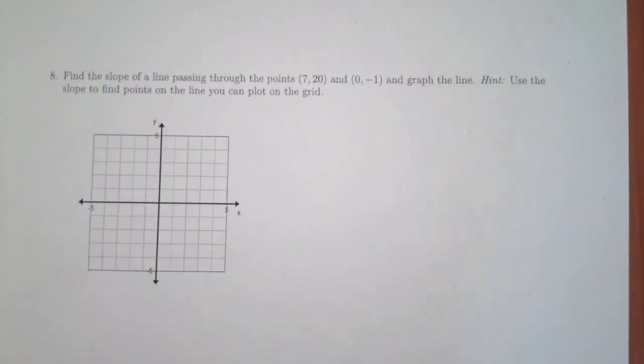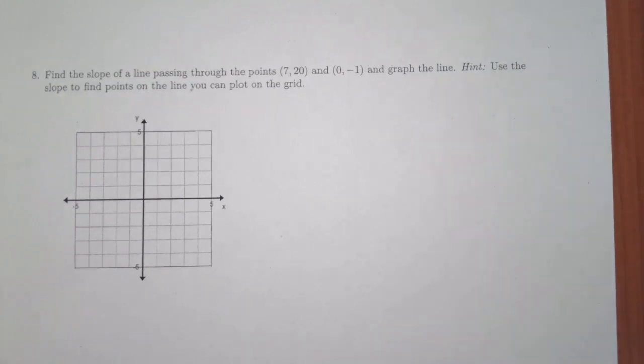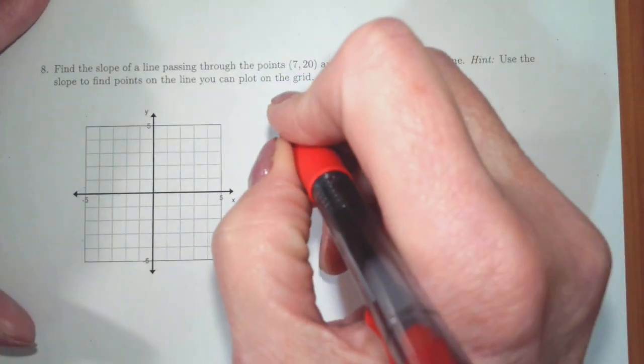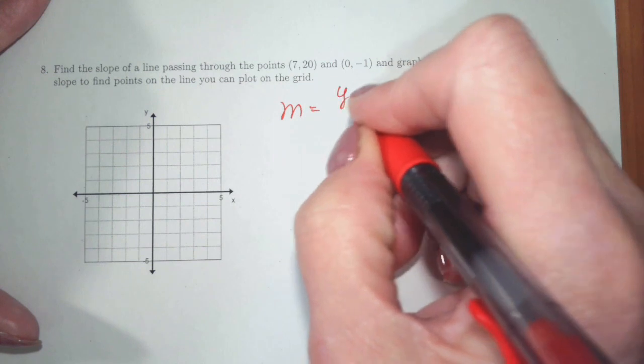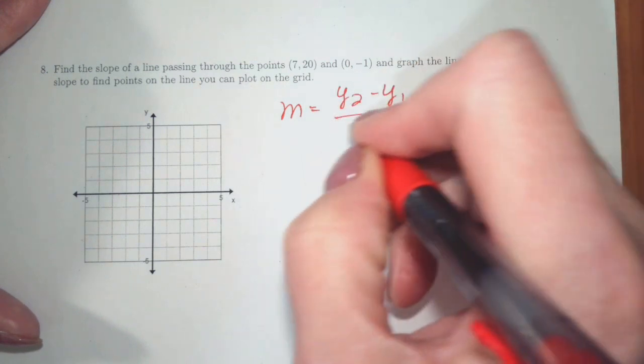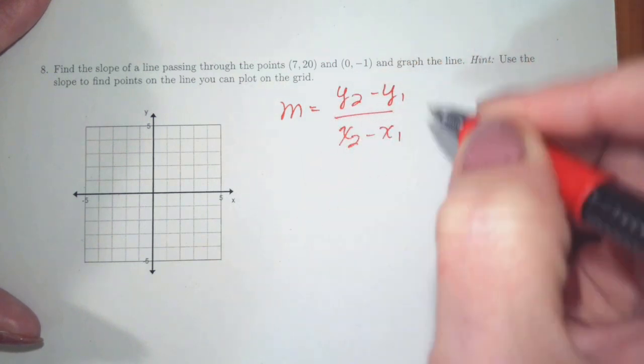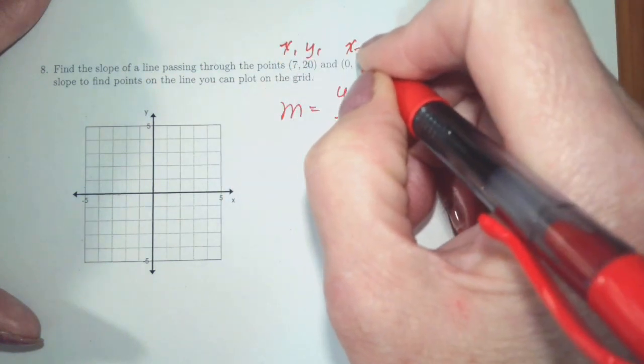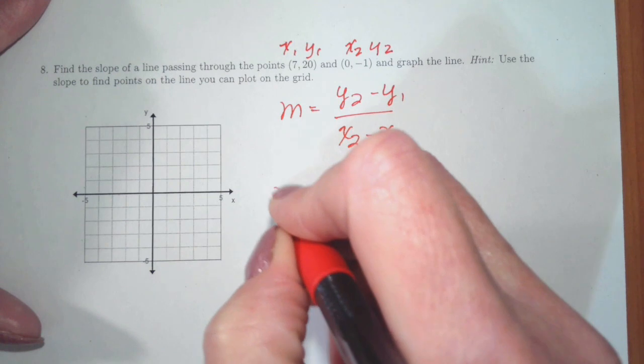Okay. All right, find the slope of the line passing through the point 7, 20, clearly not on the grid, and 0, -1. All right, so let's get that slope formula going again. M is y2 minus y1 over x2 minus x1. x1, y1, x2, y2.